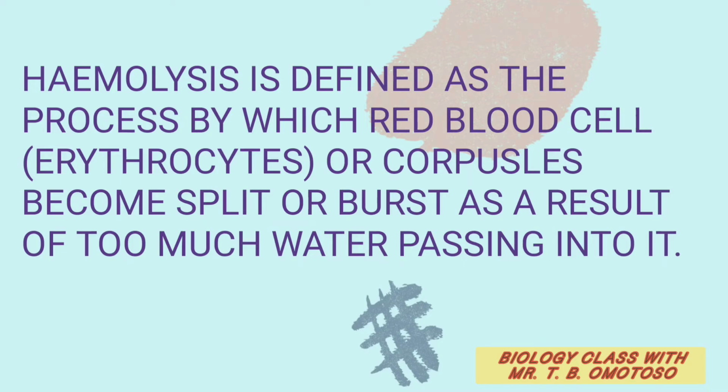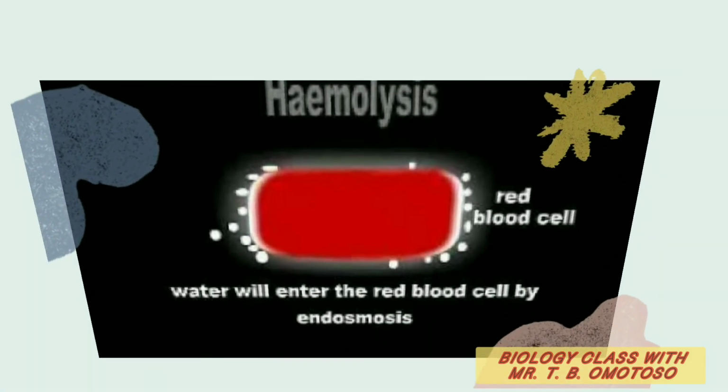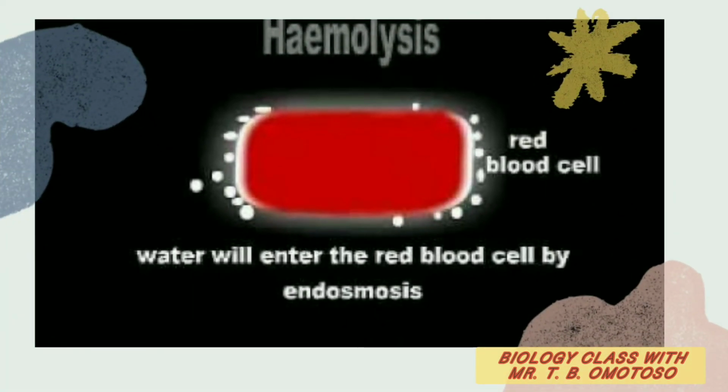So when red blood cells, or the erythrocytes, are placed in a hypotonic solution and they begin to absorb more water, what happens to the red blood cell? The red blood cell becomes swollen, and at a point in time they burst. Why?